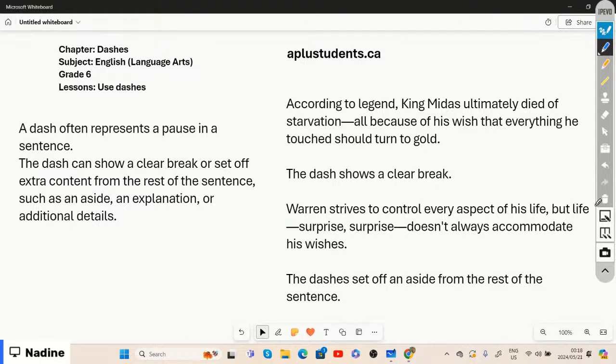So once again, a dash often represents a pause in a sentence. And a dash within a sentence can either show a clear break or set off extra content from the rest of the sentence. After the dash, they can either have an explanation that they are still showing, or additional information or additional details of whatever you are talking about or discussing, or just anything on the side.